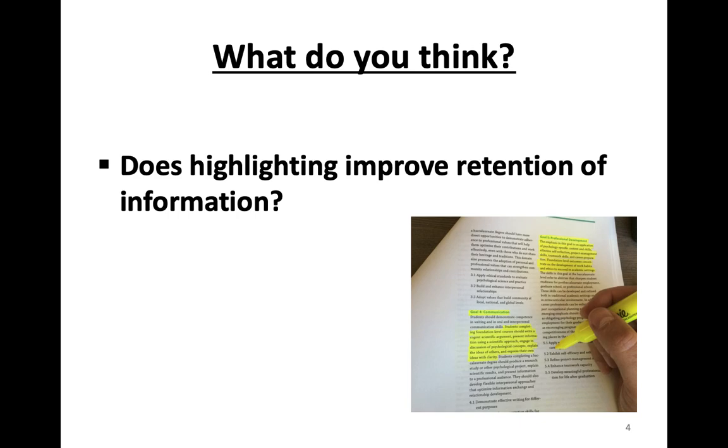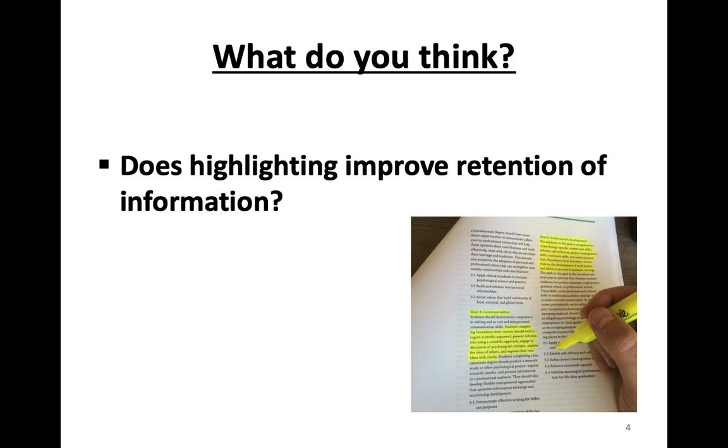When you buy the textbook, you're thinking to yourself, well, I spent a lot of money on this textbook. Do I really want to mark it up with a highlighter? If you read online, sometimes you have a PDF. You're thinking, hey, should I use that highlighting feature? So we would want to answer this question: Is it worth it? Do I remember things better? Do I have improved retention of information if I use a highlighter or not?